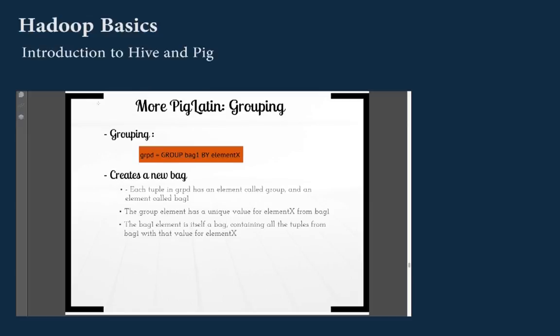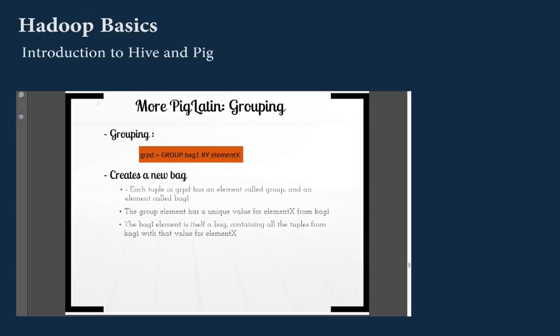For example, in SQL, we would say select location, count(*) or sum(*) from a certain table group by a certain field. But in Pig, you will have to do that in two steps. In the first step, you just do a group by. When you do a group by, the aggregate function can be performed in the next step.